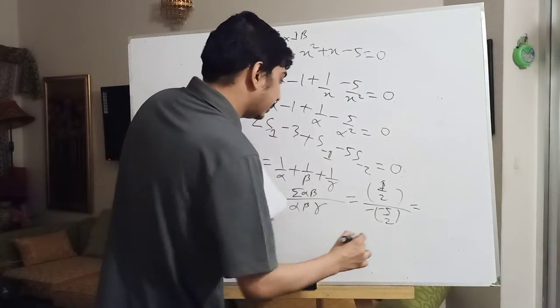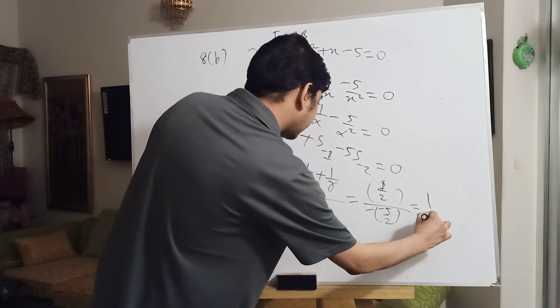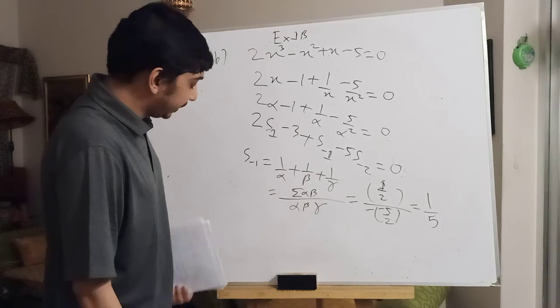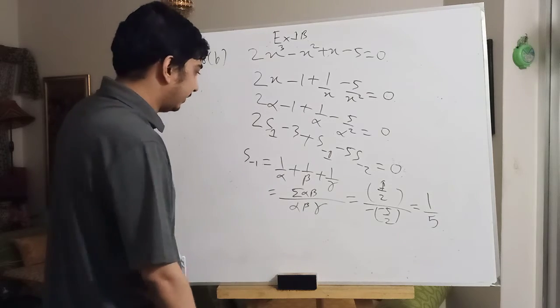So the value of S_{-1} is going to be minus 1 by 5.